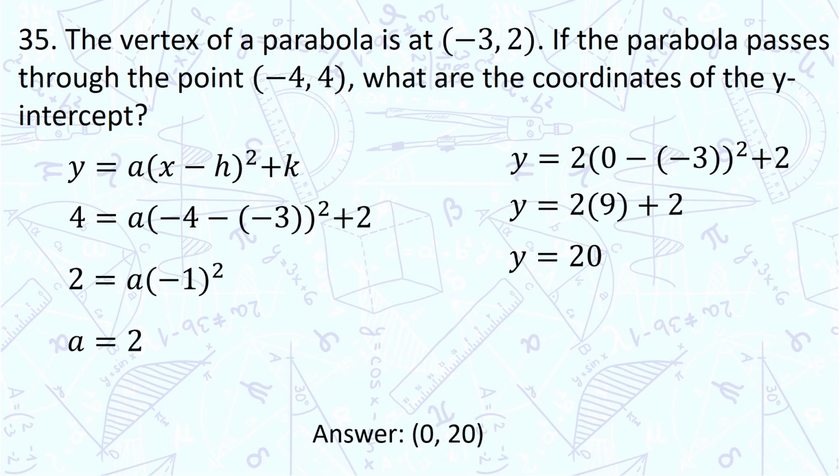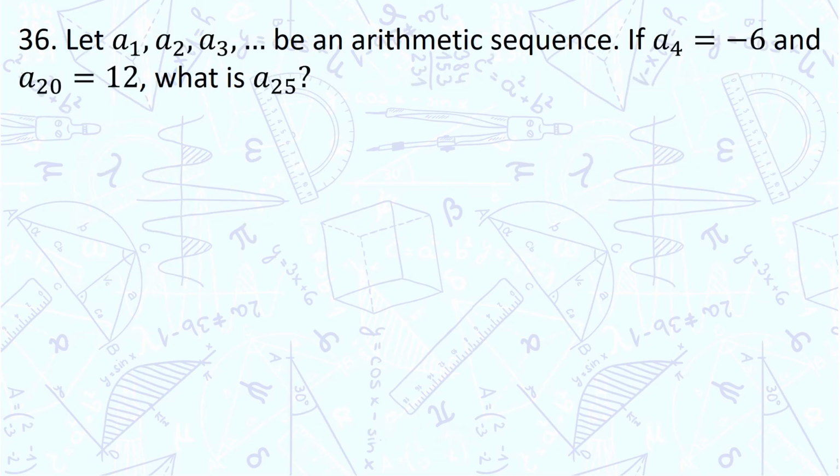Number 36. Let a sub 1, a sub 2, a sub 3 be an arithmetic sequence. If a sub 4 is equal to negative 6 and a sub 20 is equal to 12, what is a sub 25, or the 25th term? We use the formula for the terms in an arithmetic sequence. For a sub 4, we have negative 6.